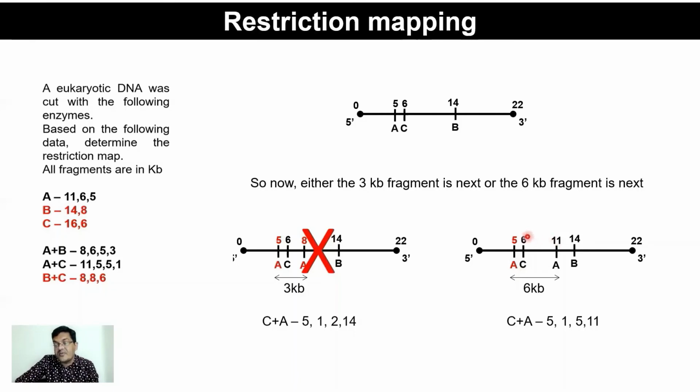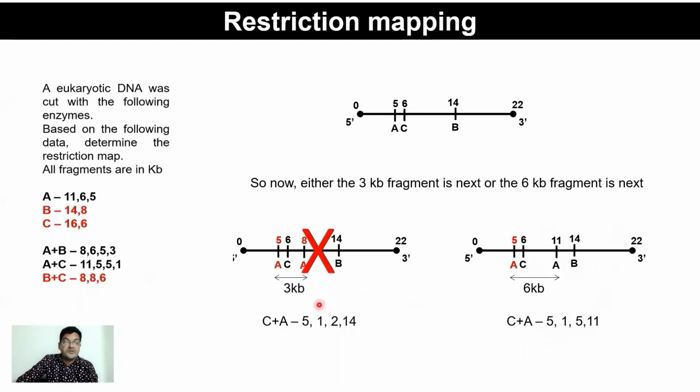So 11 minus 6 gives you a 5 kb fragment. And then the terminal fragment: we're ignoring B because we're looking only at A plus C double digest, so B is not to be taken into consideration. Between this and this, it is 22 minus 11, that is 11 kb. So what you get is 5, 1, 5, and 11 kb fragments.